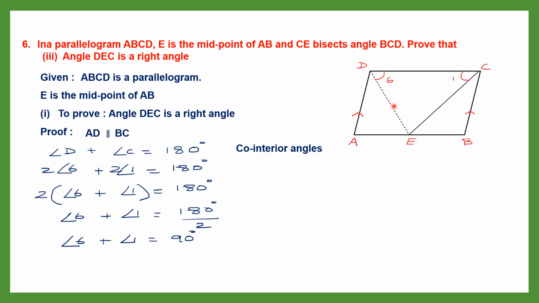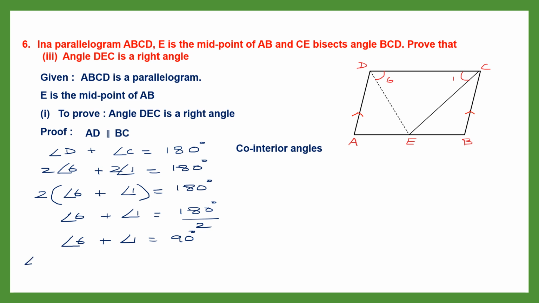Now if I'm going to take angle DEC, then what should I do? I should remember that angle 6 plus angle 1 plus angle DEC will all add up to 180 degrees, because they will be the sum of the angles of the triangle, and the sum of angles of a triangle is equal to 180 degrees. So let's write that.